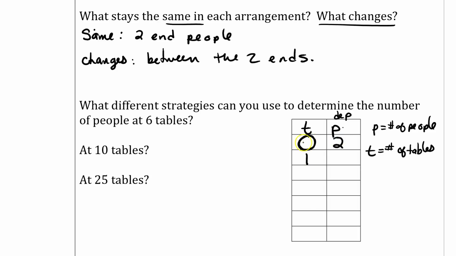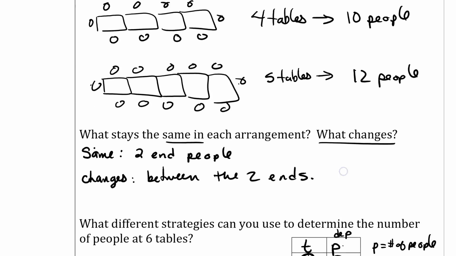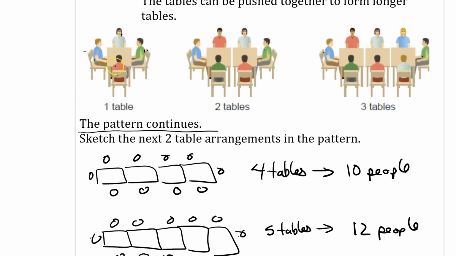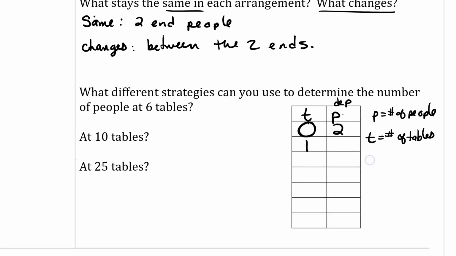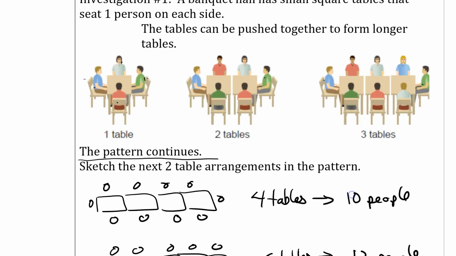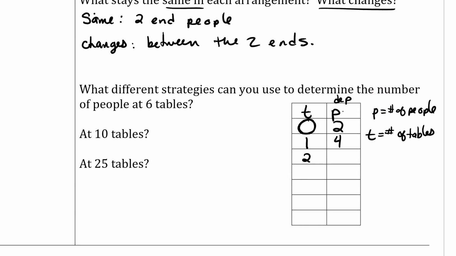So the way that we get to the 0th term or the 0th figure will change depending on what information we have. So at one table we have 4 people. At 2 tables we have 6 people, and so on and so forth.